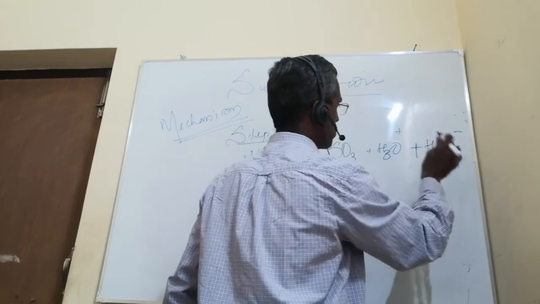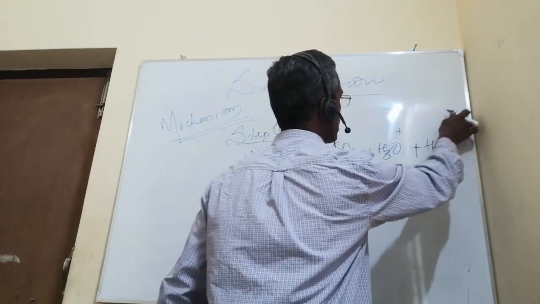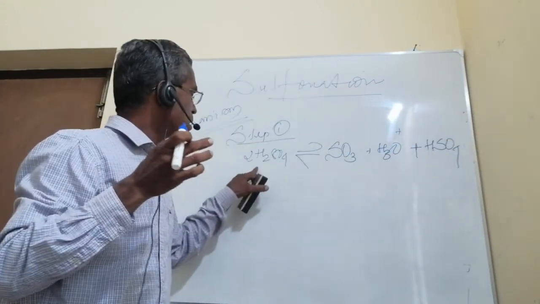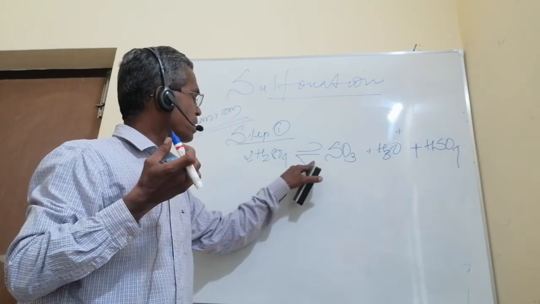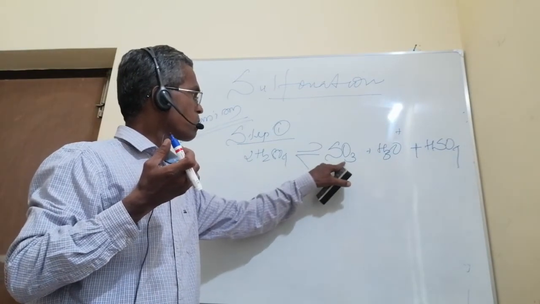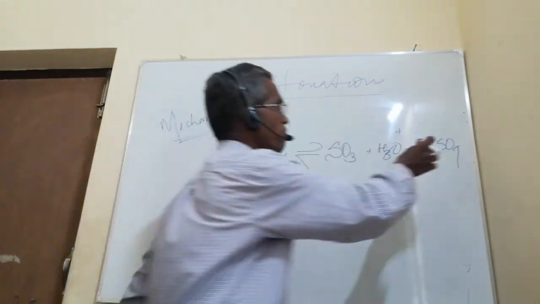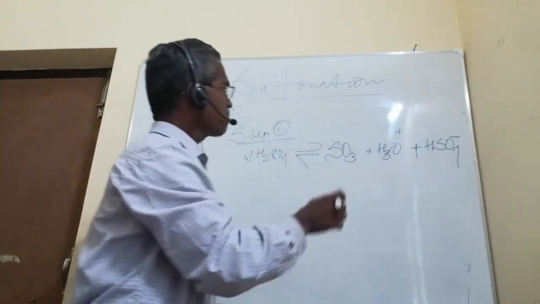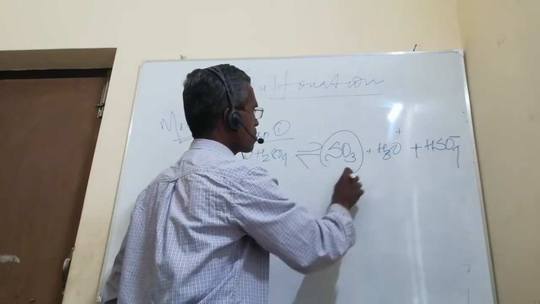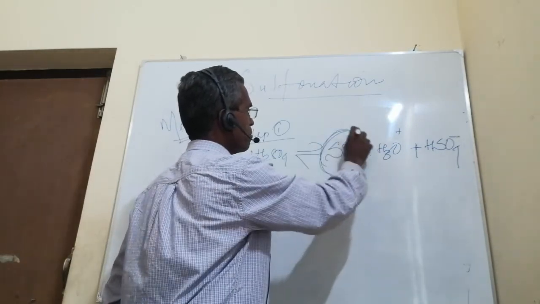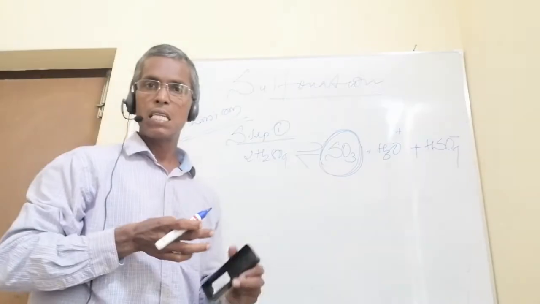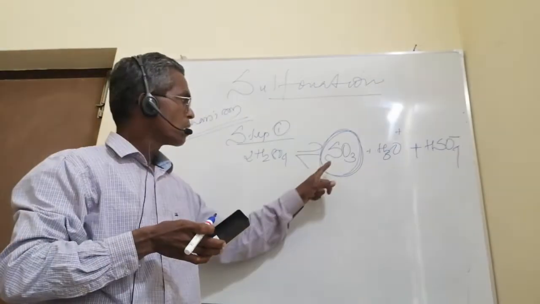These are the 3 things we get in step number 1. Out of these, sulfur trioxide is our electrophile.